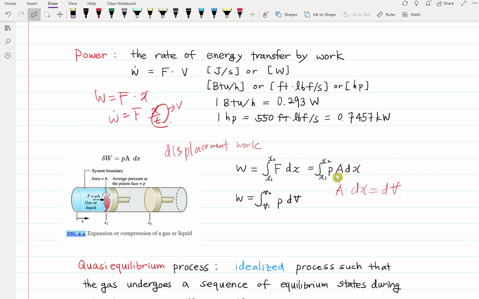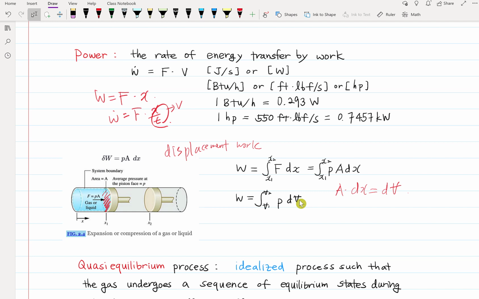So in this expression, work can be integrated from V1 to V2 of P times dV. This is one type of mechanical work, displacement work, and it is also known as moving boundary work.